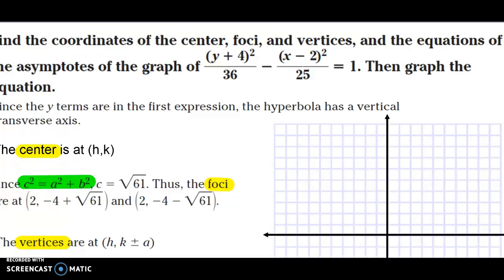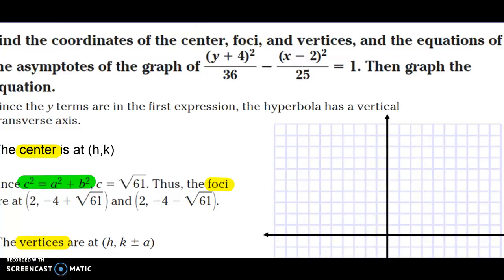All right, so what we're going to do is find the center, foci, vertices, and equations of the asymptotes of this hyperbola. So let's start with the center. It's always good to start with the center, okay?